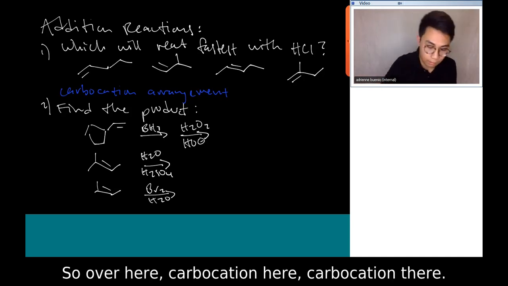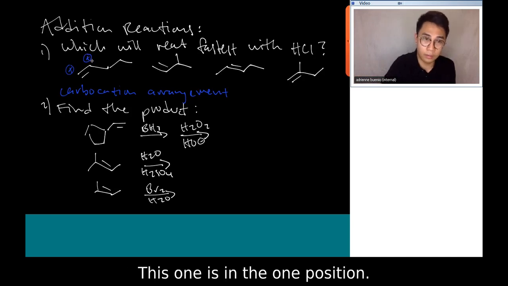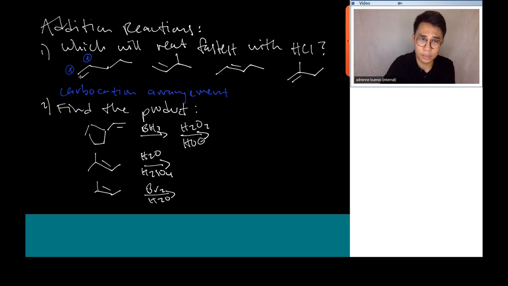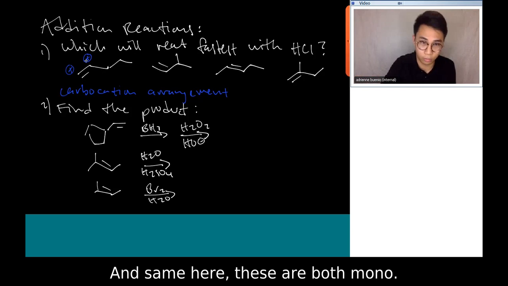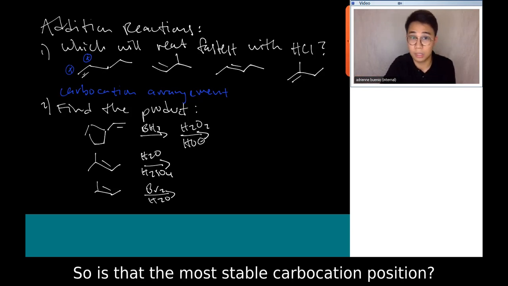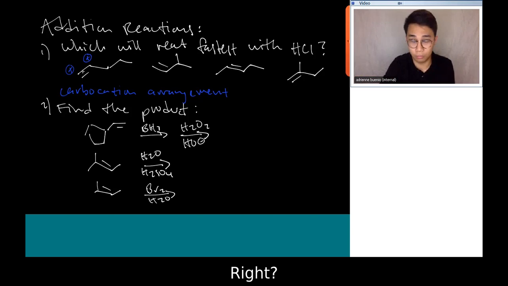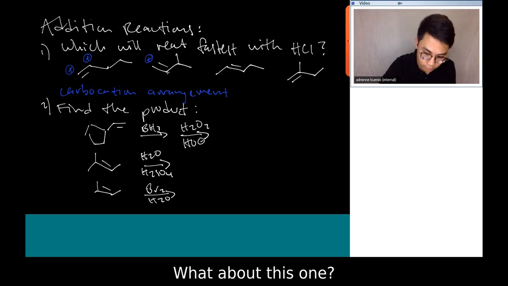So over here, carbocation here, carbocation there. This one is in what position? It's just mono substituted, right? And same here, over here. These are both mono. So is that the most stable carbocation position? No, right? What about this one?